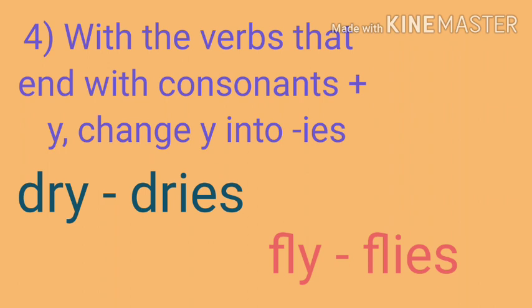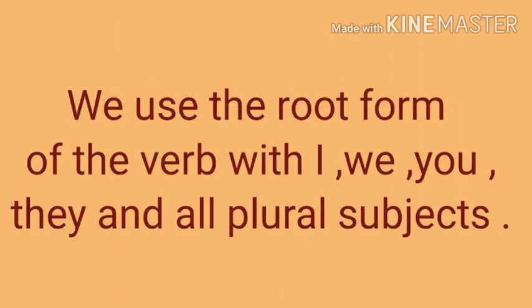So we have seen how verbs are written in simple present tense. Now let's see, where do we use these forms of verbs in simple present tense when we write it in a sentence? We use the root form of the verb with I, we, you, they and all plural subjects. Look at some examples.